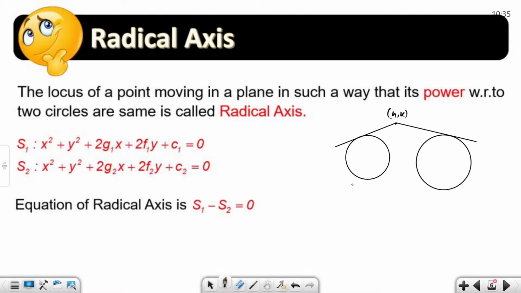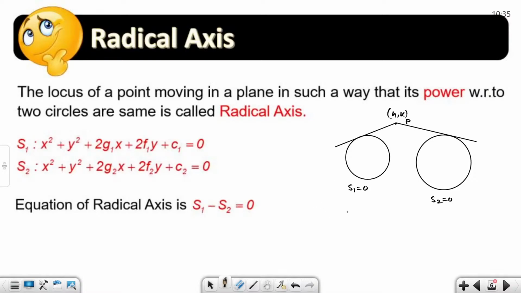The equation of the first circle is S1 equals 0 and the equation of the second circle is S2 equals 0. So to find the radical axis, we have to find the locus of the point, let us say P.